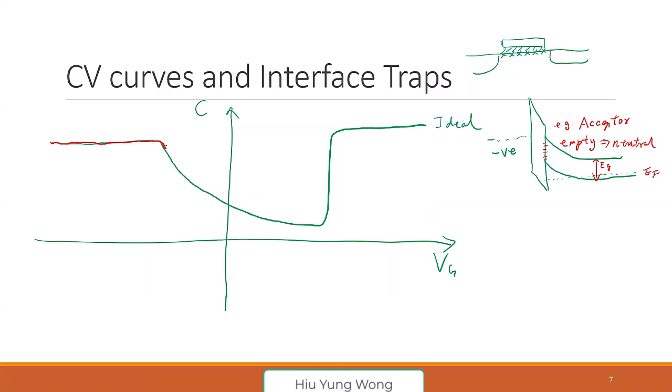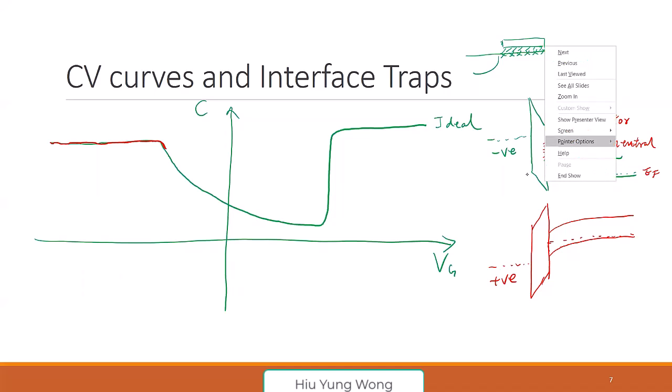Okay? But now, let me look at a higher voltage. Someone tell me, is this positive or negative gate bias? Positive. Now this might be in depletion or accumulation, but doesn't matter.